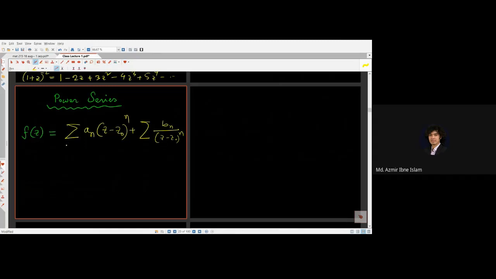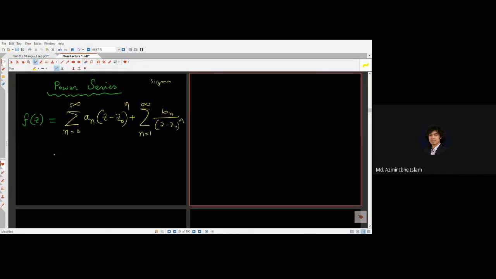Here summation is also called sigma notation. The first will start from n equal to 0 to infinity, and the later one will start from n equal to 1 to infinity.